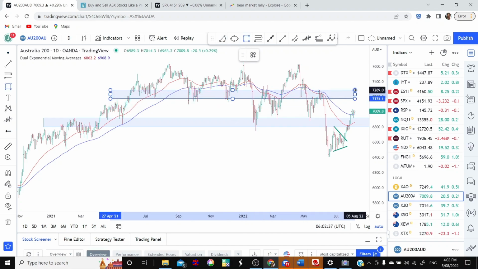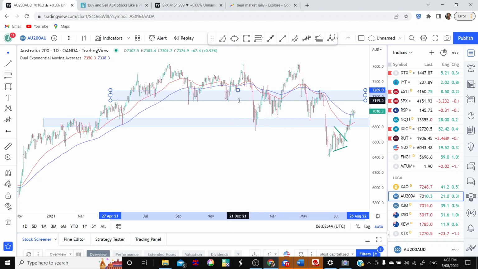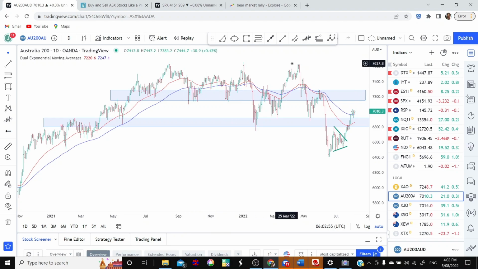It looks like we have a block of resistance around 7,200 to 7,300, where I think the market will find some difficulty punching through, at least in the near term. And then we've got this triple top resistance at the all-time highs. So I think there's upside there, but I don't think it's blue sky upside potential by any stretch at this stage.